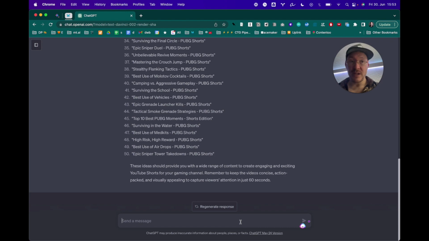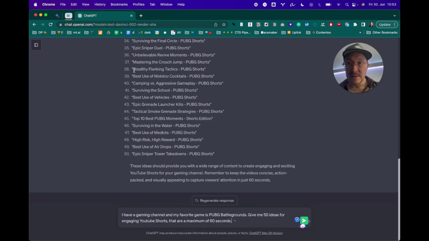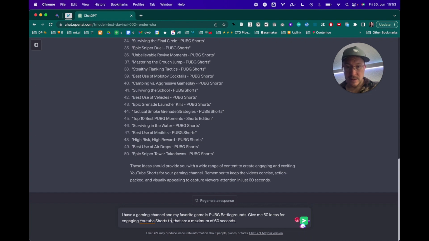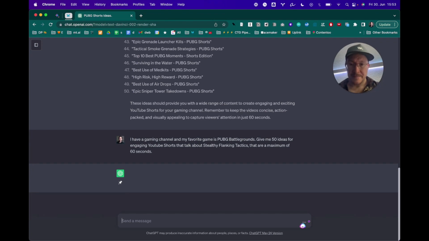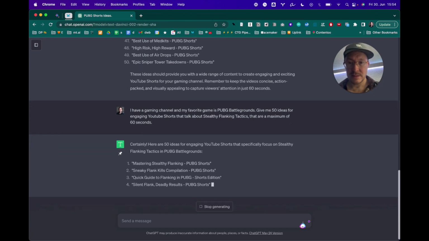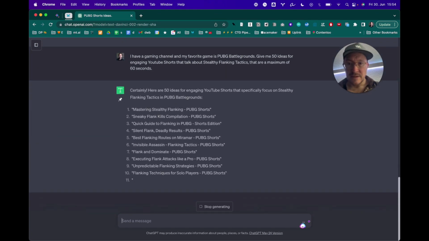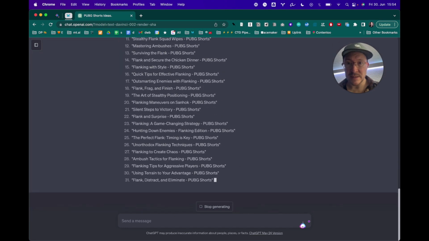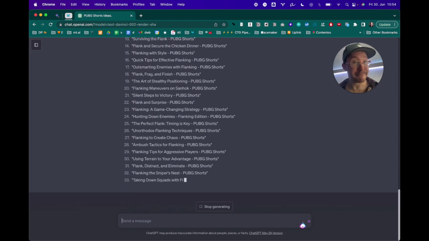And now we multiply this, we take one idea and ask for another 50. For example, we take the same prompt and look at stealthy flanking tactics that talk about silent flank, deadly results, flanking technique for solo players, flank frag finish.